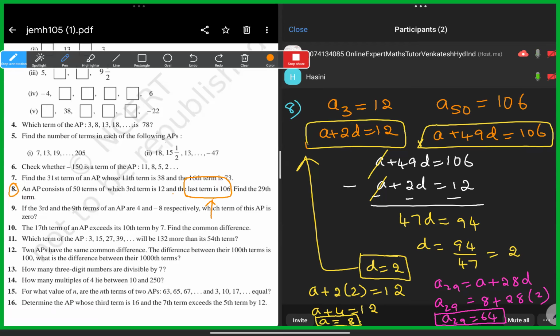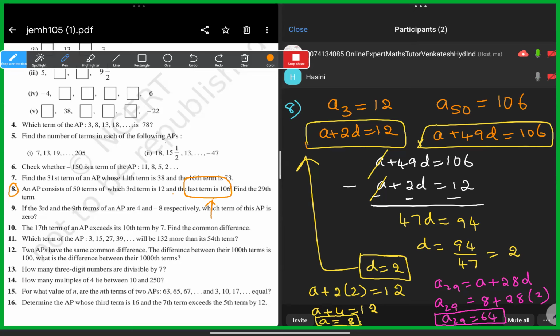Yes, sir. And A50 as A plus 49D, you know. How, Hasni? You are using the formula A plus N minus 1 D. In the place of N, 3 we kept, so 2D we got. In the place of N, 50 we kept, then A plus 49D we got.